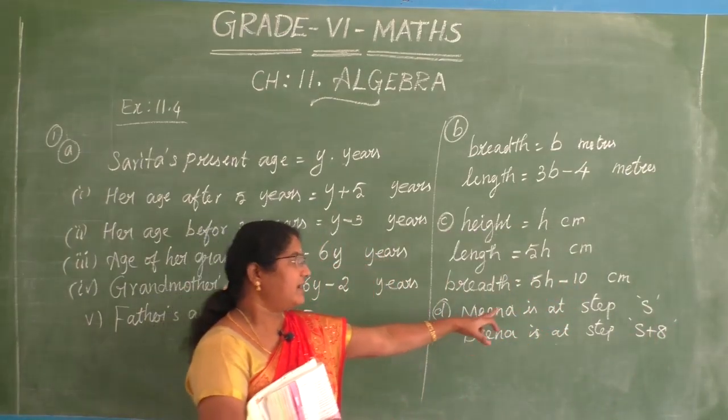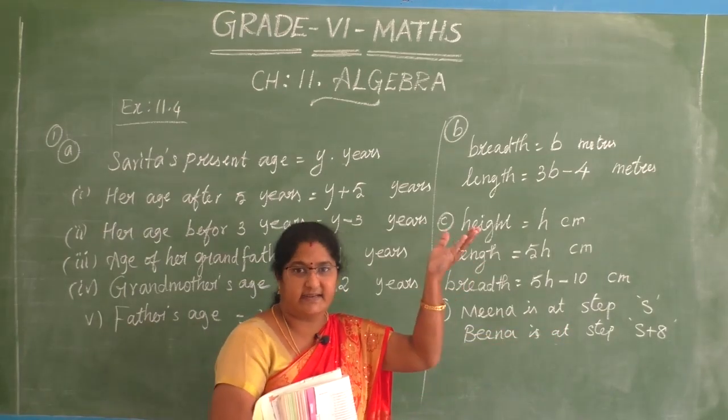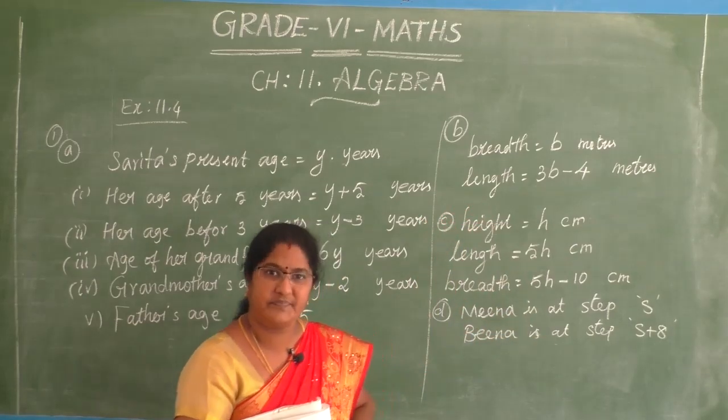Meena is at step s, Beena is 8 steps ahead, so she is 8 steps above her. So s plus 8. Understand?